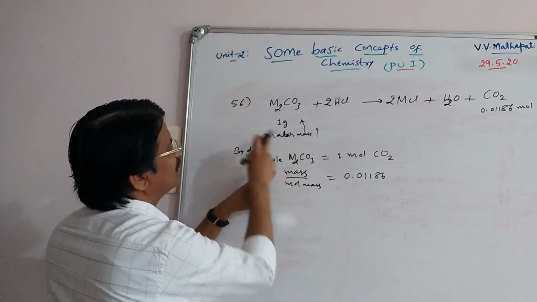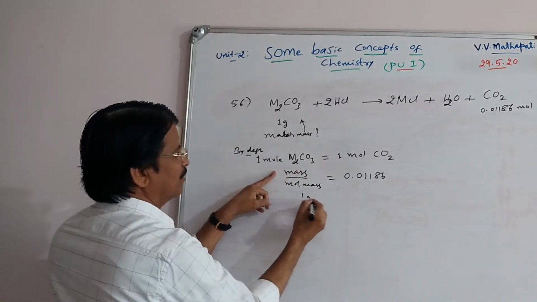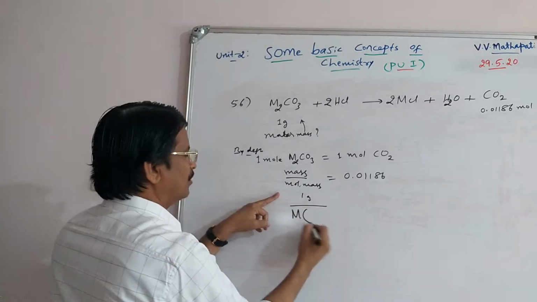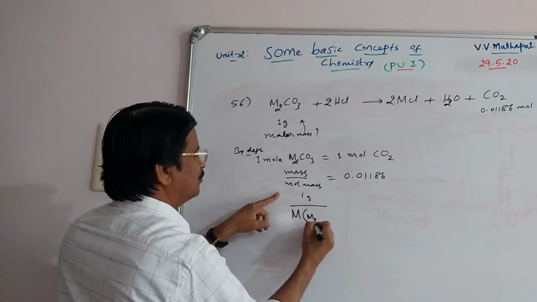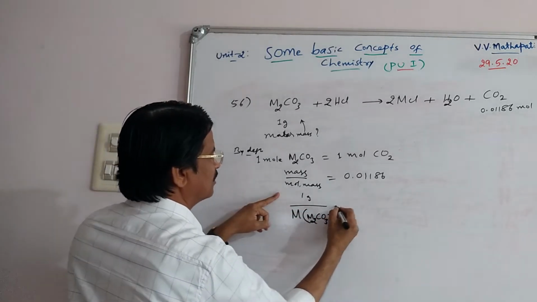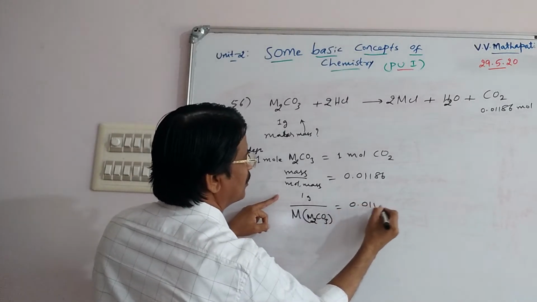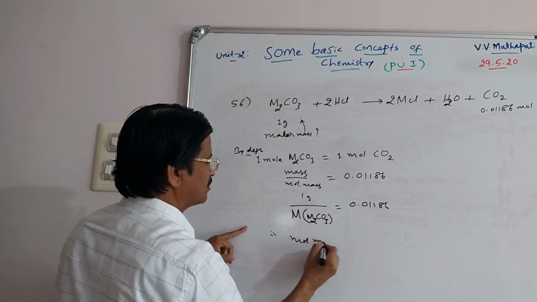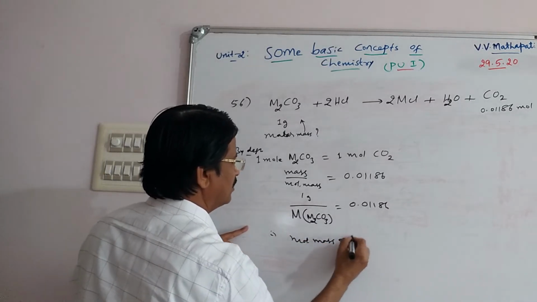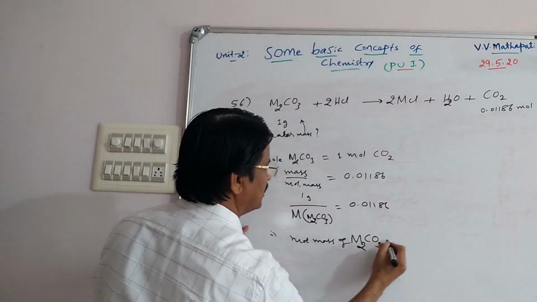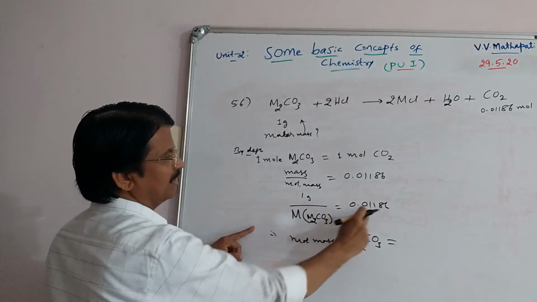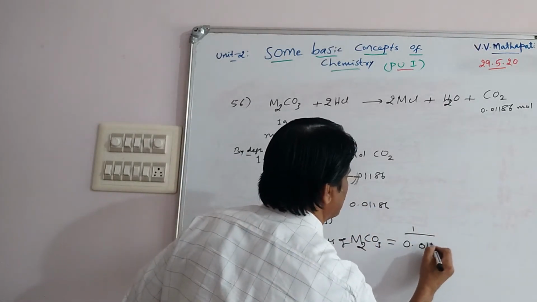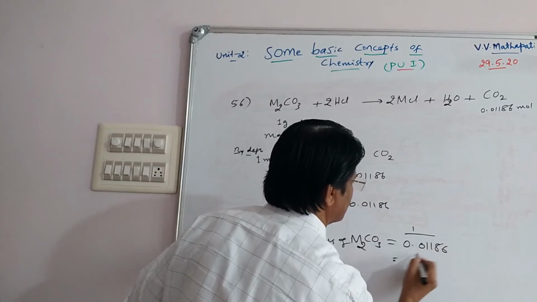The mass of M2CO3 is given in the question as 1 gram. The molecular mass of M2CO3 you have to calculate. Therefore, the molecular mass of M2CO3 equals 1 by 0.01186.